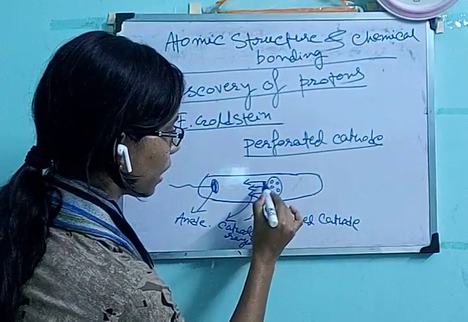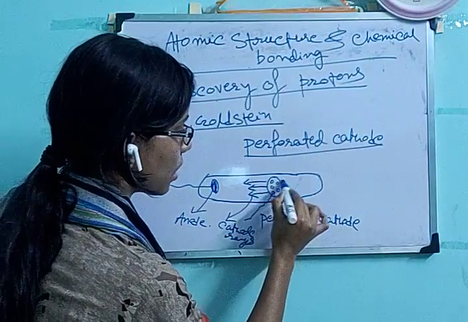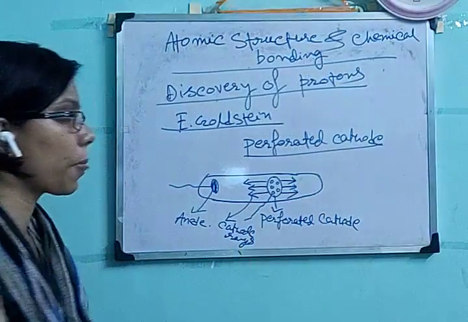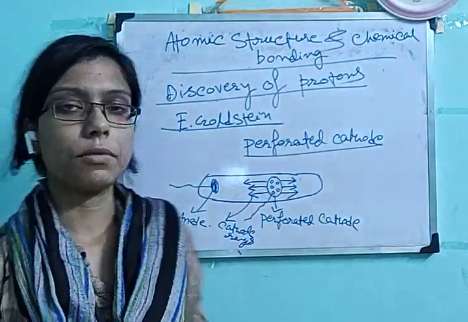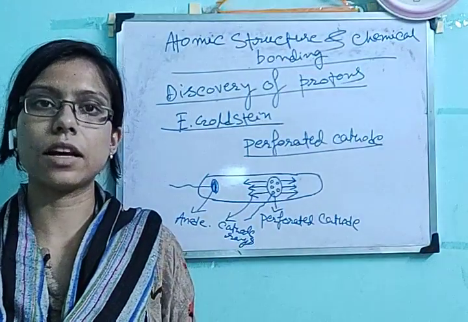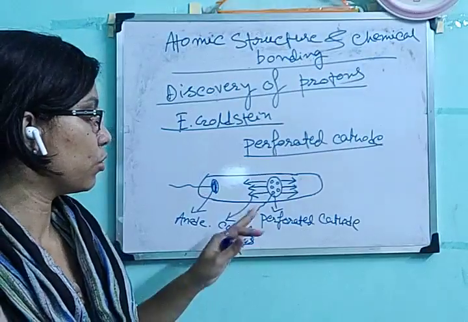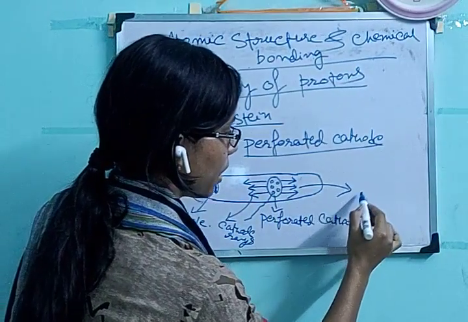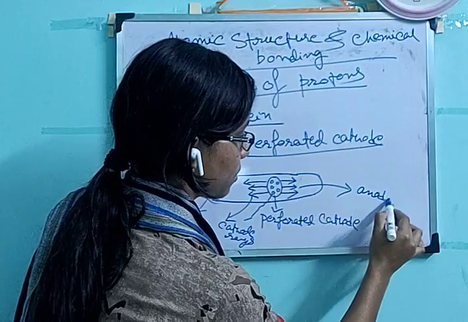Cathode rays are going in this direction and some opposite rays are going in that direction. This was observed when Goldstein used this perforated cathode. These rays going in the opposite direction to the cathode rays are termed anode rays.